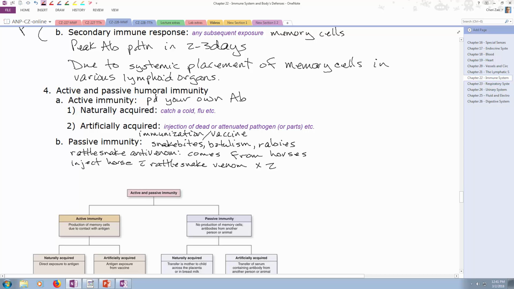So then harvest antibodies, and then you inject anti-venom into the person with a bite.